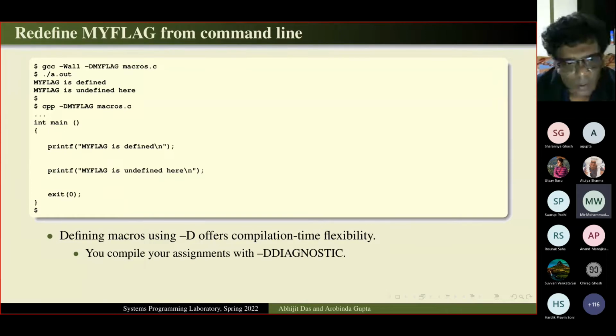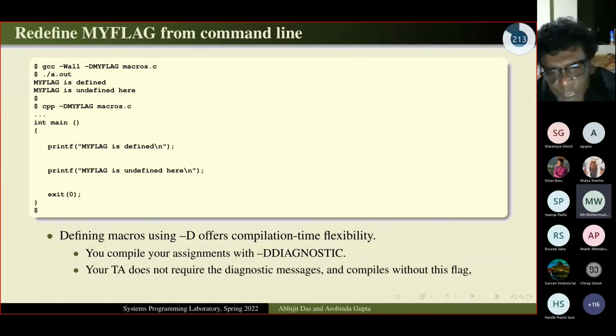So your TAs will compile without this flag. Your TA does not require these diagnostic messages and compiles without this flag. So this gives you an indication how the -D flag, or defining or leaving undefined macros, gives you some compilation time flexibility. So this is the good thing.